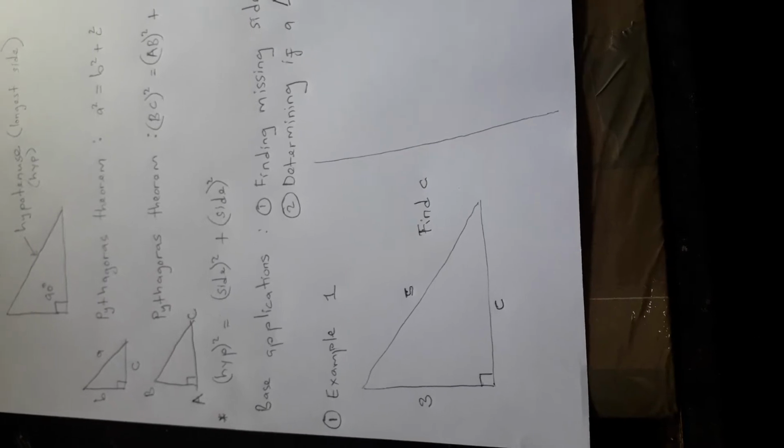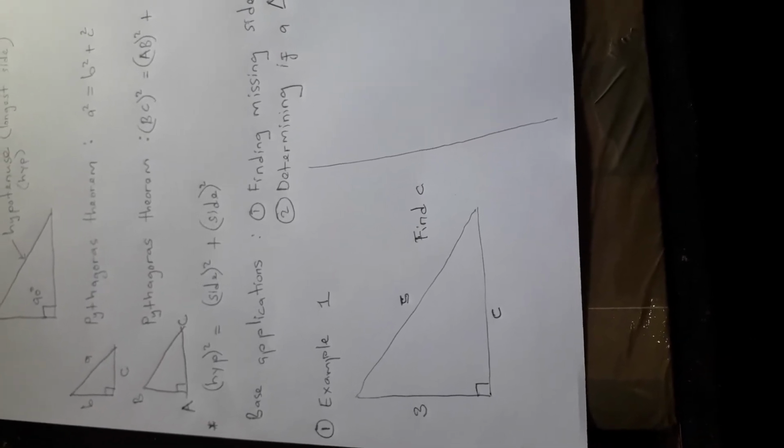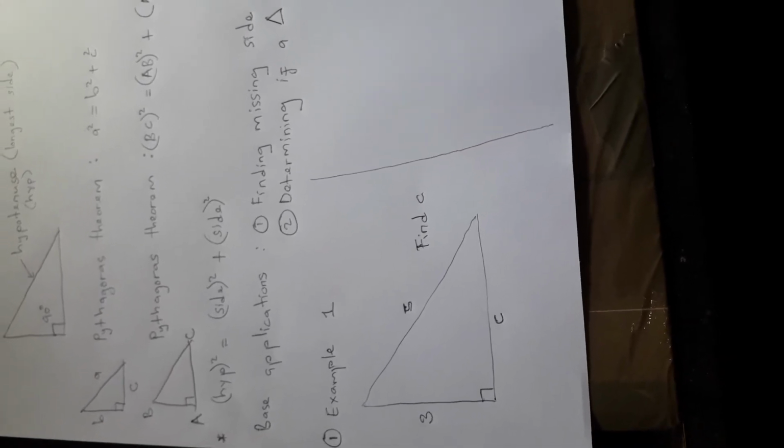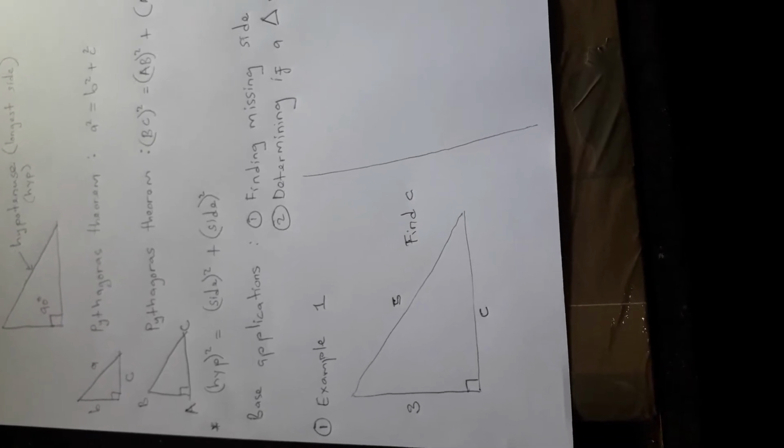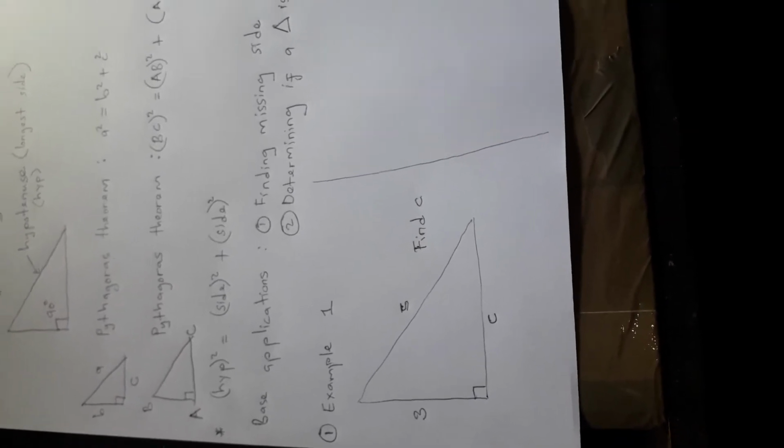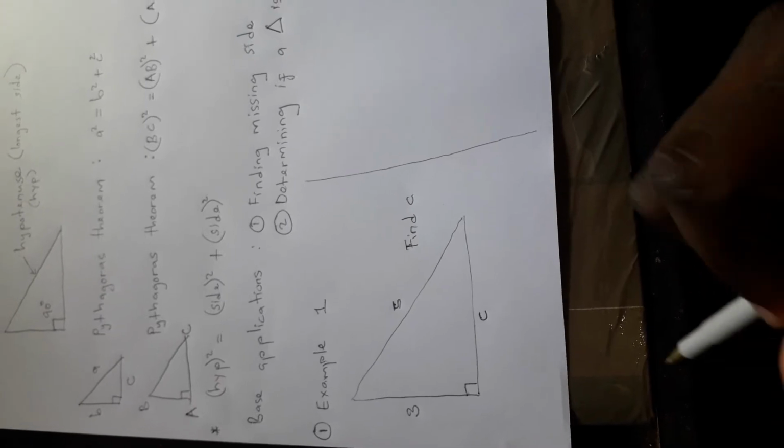So that is our example one. I said example one to show you that this is the first illustration of how we basically apply the Pythagoras theorem. So that is the triangle. It's right angled because of this 90-degree angle.